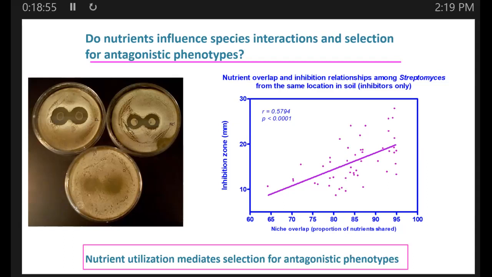Toward the left, they don't really have a lot in common in their diet, and it progresses on. Then you graph that against the inhibition by the Streptomyces of the pathogen, and you can see the positive correlation: if they share more nutrients, the Streptomyces is more inhibitory.